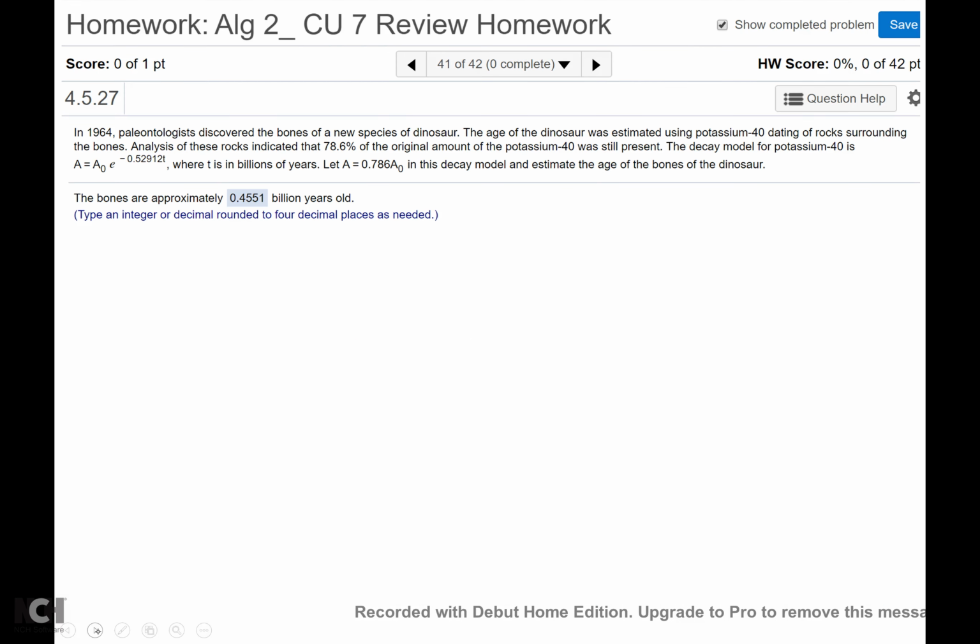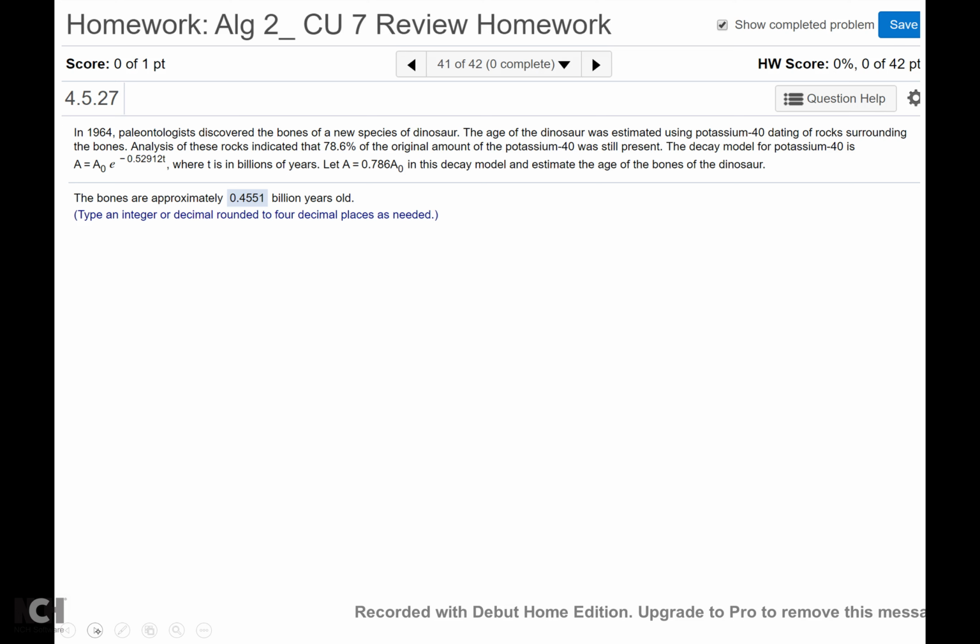Okay, in 1964, paleontologists discovered the bones of a new species of dinosaur. The age of the dinosaur is estimated using potassium-40 dating of rocks surrounding the bones. Analysis of these rocks indicated that 78.6% of the original amount of the potassium-40 was still present.